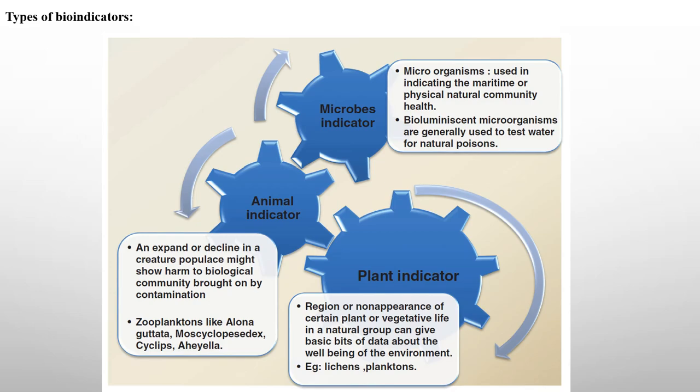That means, for example, if the level of sulfur dioxide or nitrogen increases in a particular region, certain species of lichen will start appearing on the trunks of the trees more compared to some other species. So depending upon the population size of that species, we can determine the type of air quality in that particular environment. Second is the animal bioindicator.